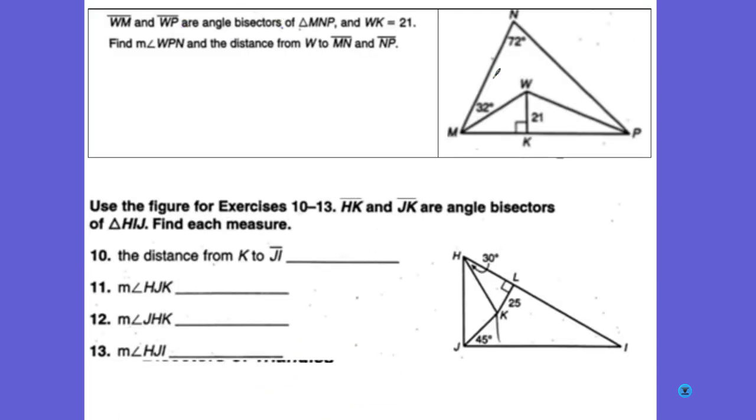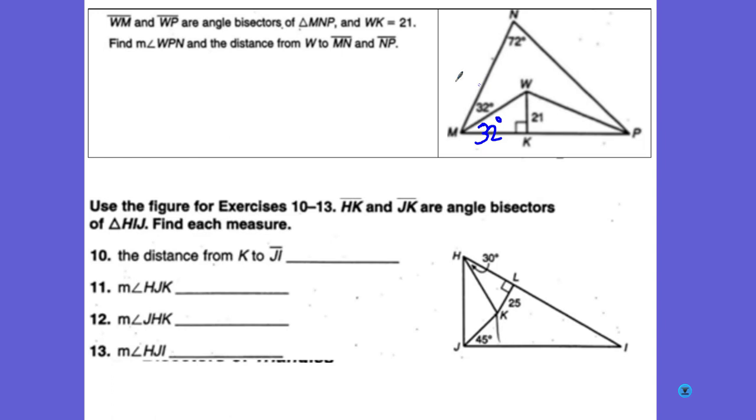So in this example, we are told that WM and WP are angle bisectors. So first off, I noticed that angle NMW is 32 degrees. Well, if WM is an angle bisector, that means that the measure of angle WMK is also 32 degrees. That's a 32.